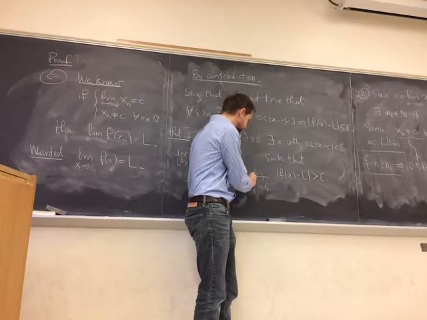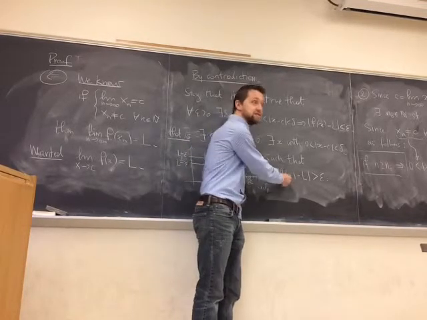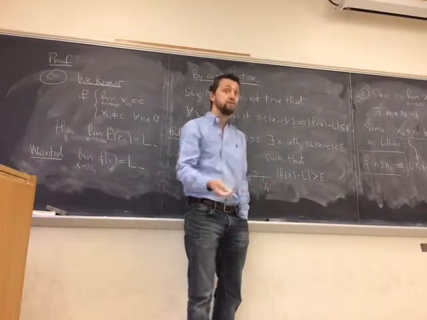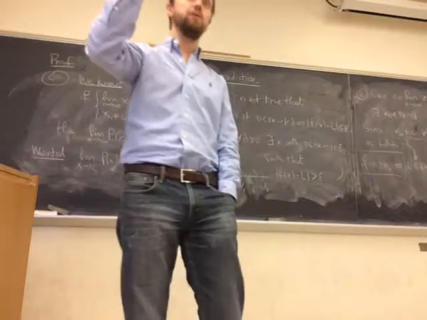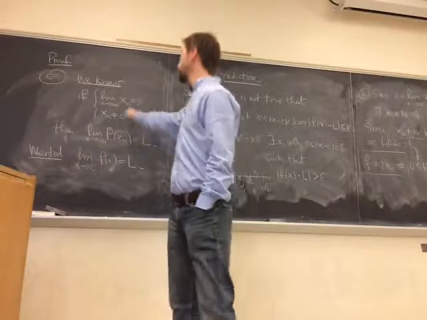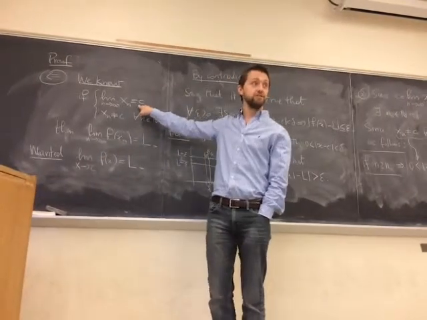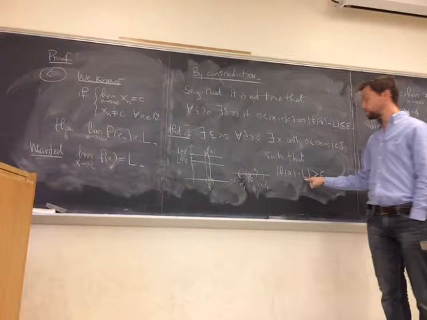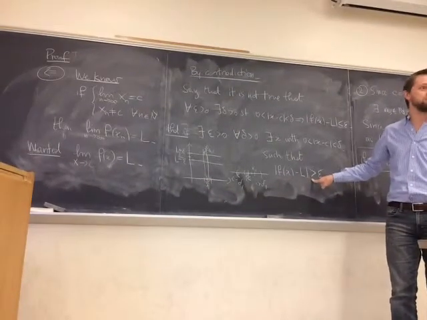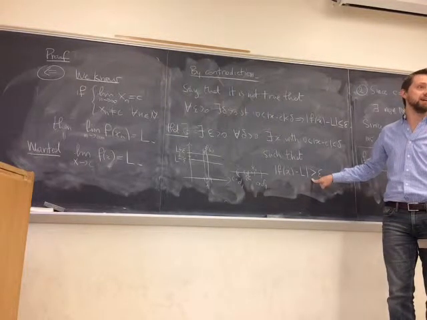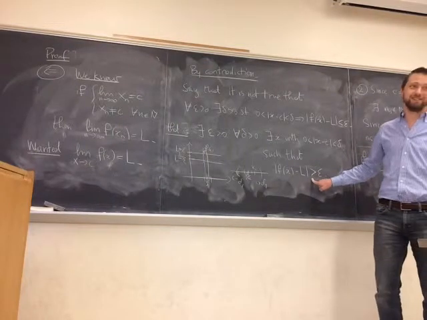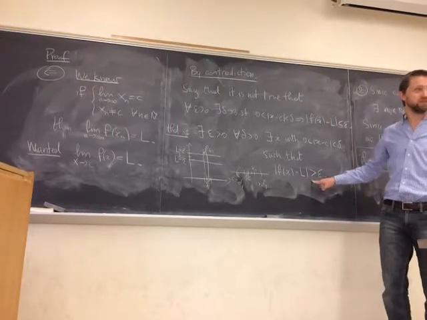I find the point x3, which is even closer to C, such that this inequality holds: f of x3 minus L is larger than epsilon, and so on forever. This way I construct a sequence of points xn which are closer and closer to C, so a sequence of points that converges to C, such that f of xn minus L is larger than epsilon for every n. And this clearly prevents f of xn from having limit L, because you're never epsilon close to L, not even ultimately. So that cannot be.